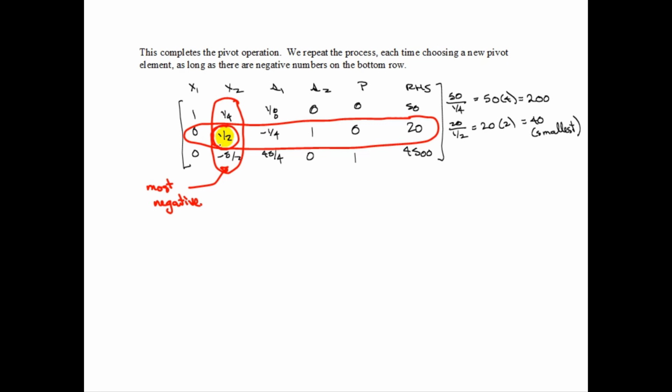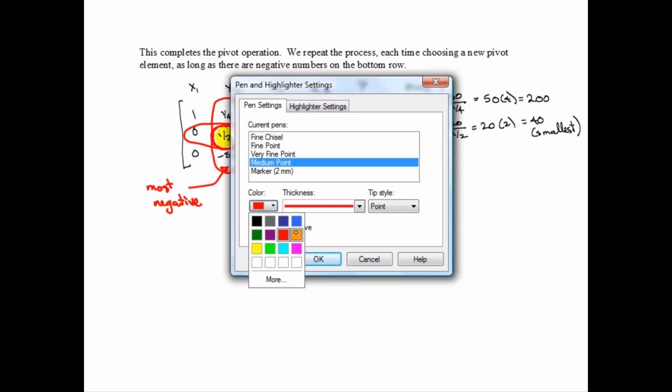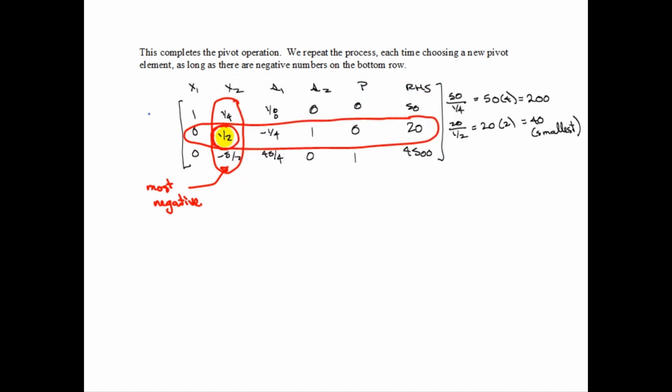Again, this time I will do them by hand. So I need to get a 1 in that position. In other words, we want a 1 here, and we want to get zeros in the other positions.